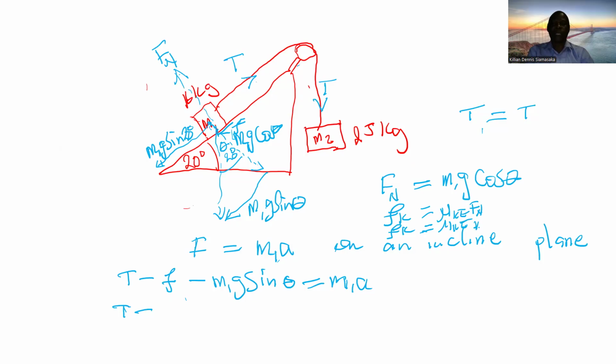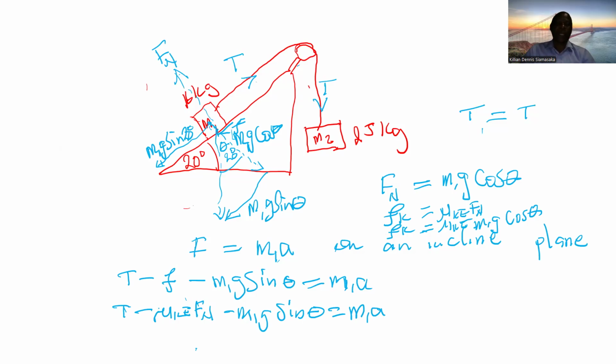And the normal force we said is m1 g cos theta. And so we are going to substitute where there is friction: the coefficient of kinetic friction multiplied by the normal force, minus m1 g sine theta, which is equal to mass 1 multiplied by acceleration.